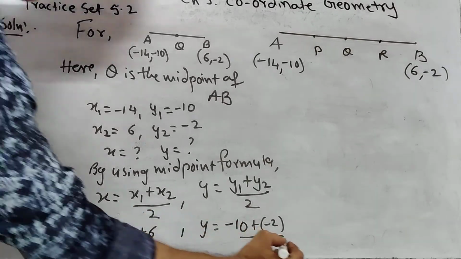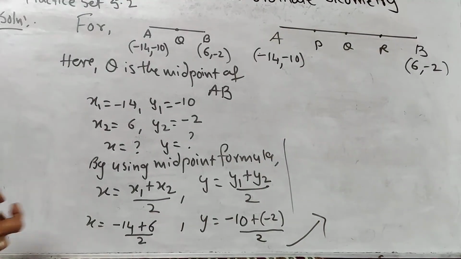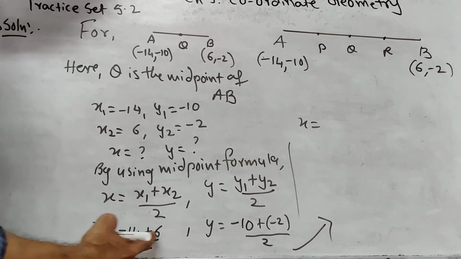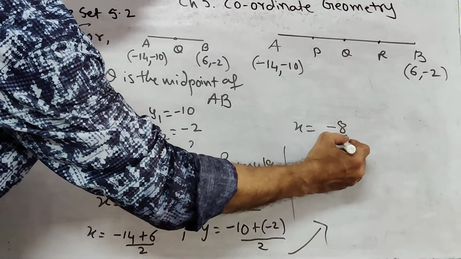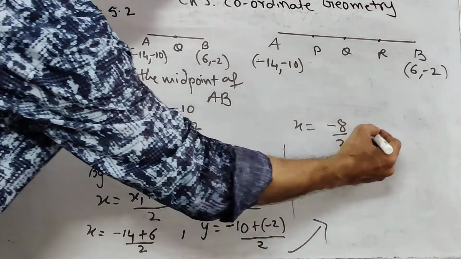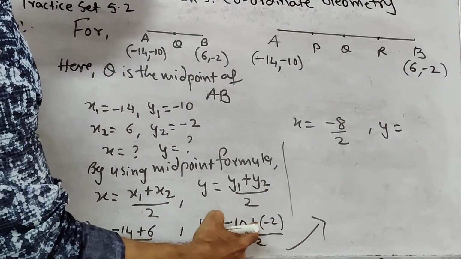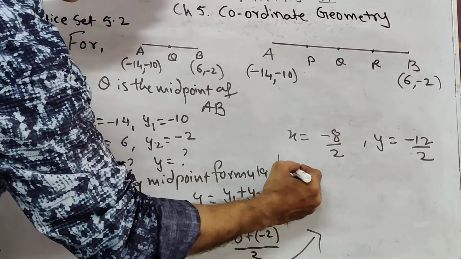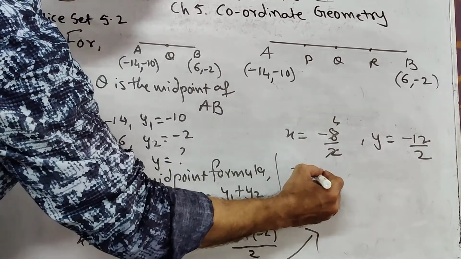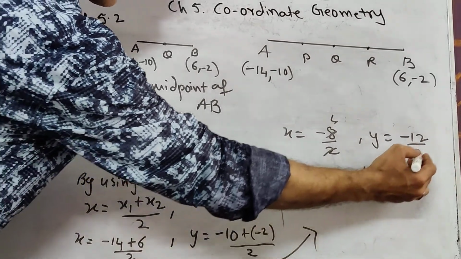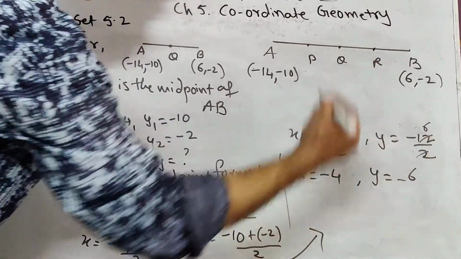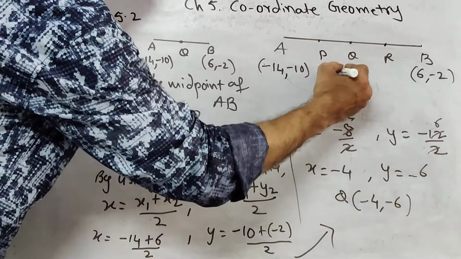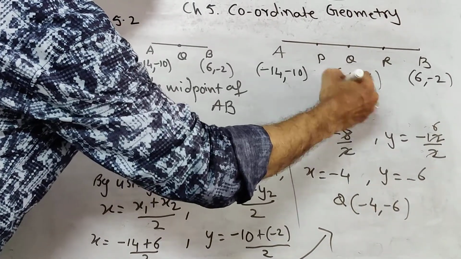So x is equal to -8 upon 2, and y is equal to -12 upon 2. So x is equal to -4 and y is equal to -6. So you got the Q coordinate: (-4, -6).